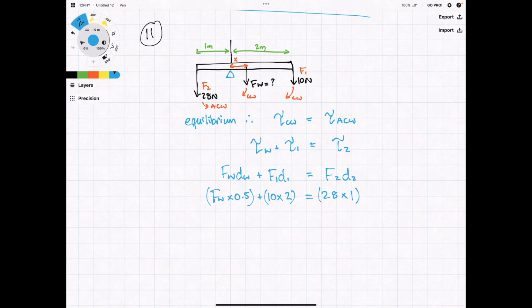So Fw times 0.5 equals 28 minus 20. Okay, so Fw equals 8 divided by 0.5, so Fw equals 16 newtons. Okay, down.